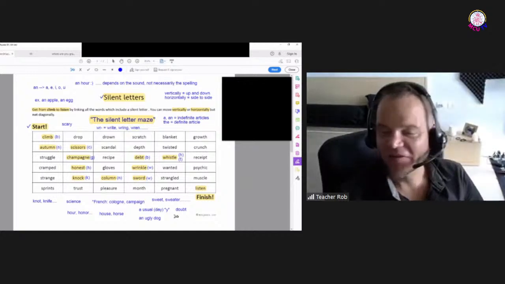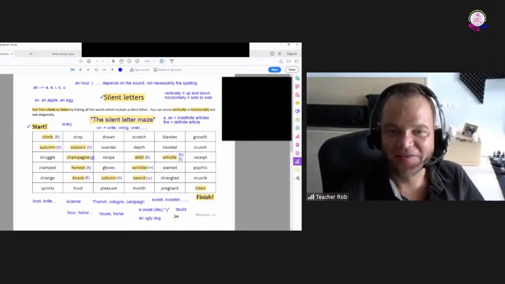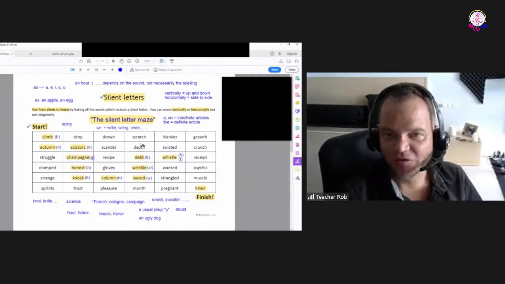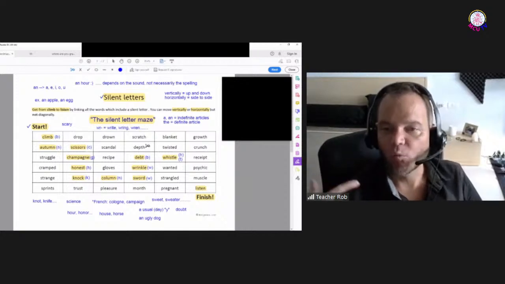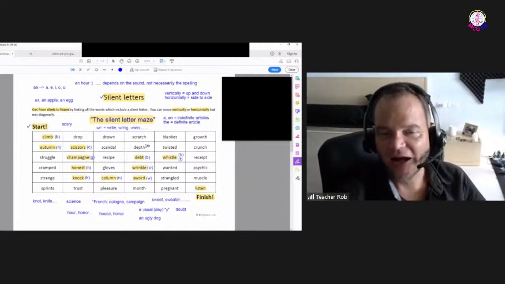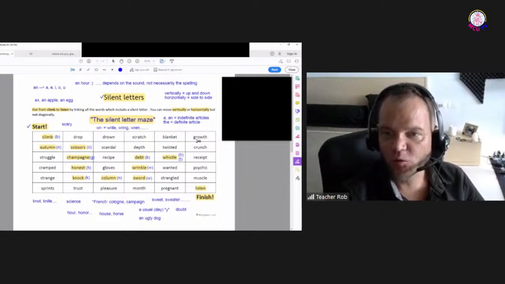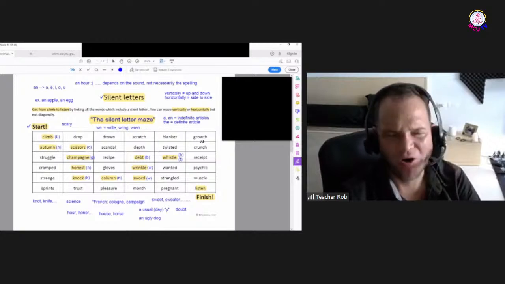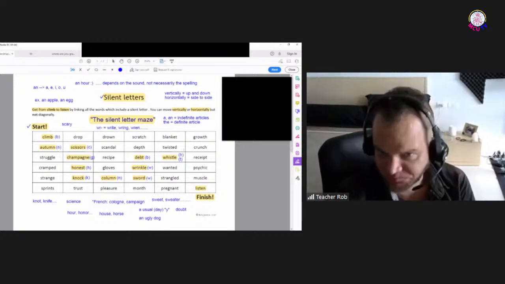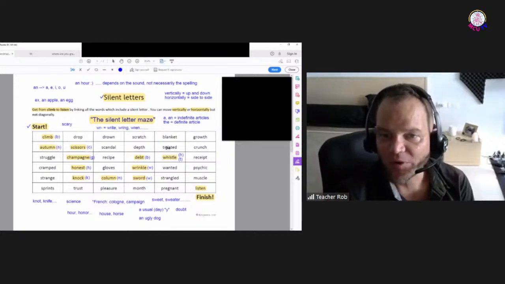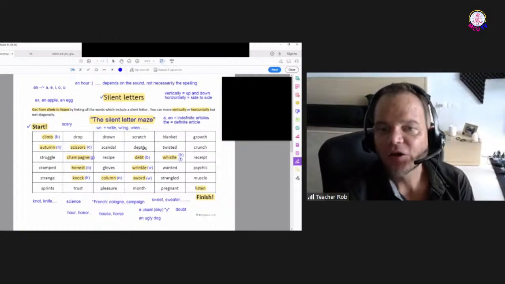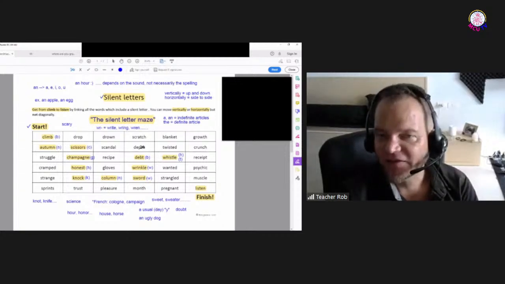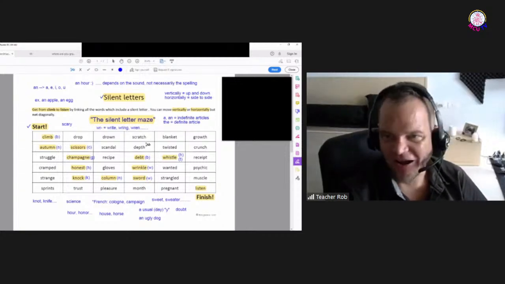Now there's a couple things I want to mention. Sometimes my students guess depth, but what we see in that word, like a lot of these, is there are two letters that make one sound. I forget the word for that in English. But basically with depth, you do hear all the letters. You hear the P, and then the TH just makes that sound, kind of like growth over here.